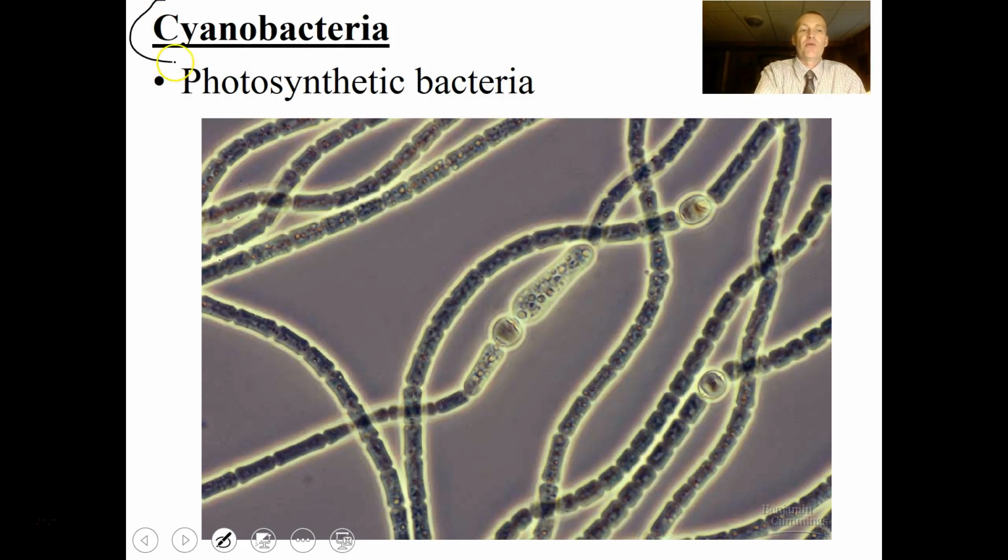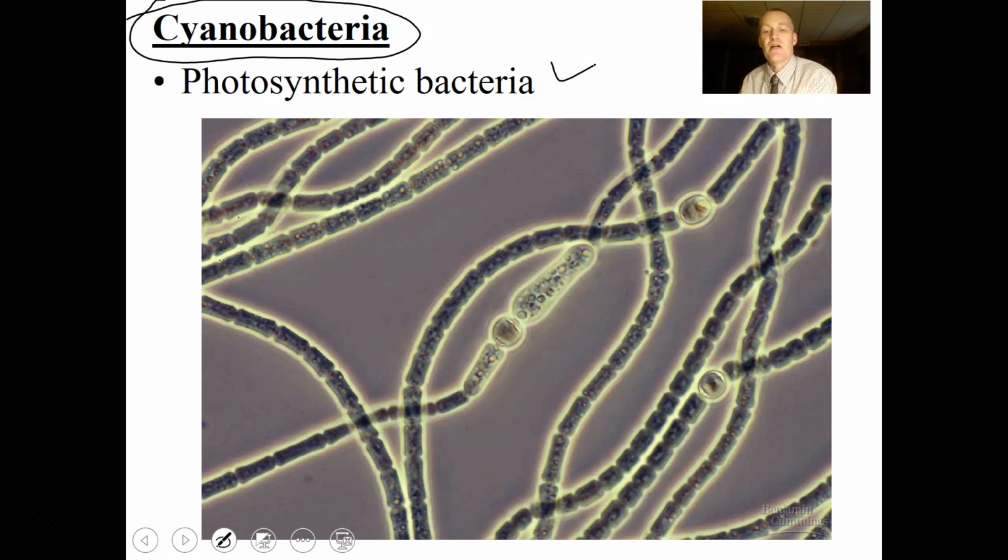A really good guy would be your cyanobacteria. These are photosynthetic bacteria, and they create oxygen for us to breathe. Now, the world is 3/4 water. Earth is huge, and it's mainly water. And these little creatures live in water, and they live by the trillions and trillions and trillions, and they create huge amounts of oxygen.